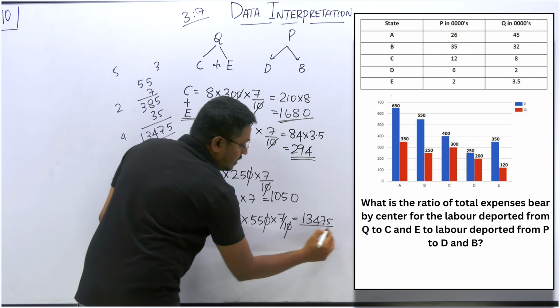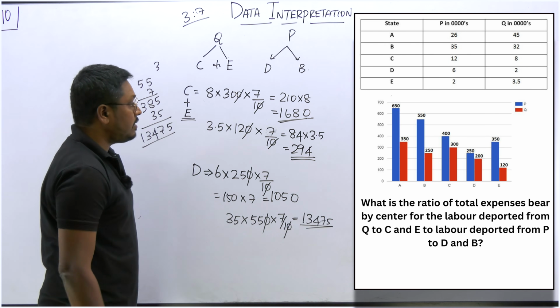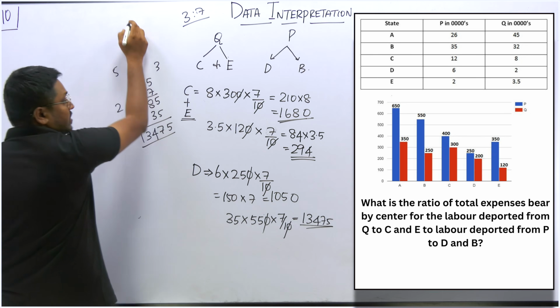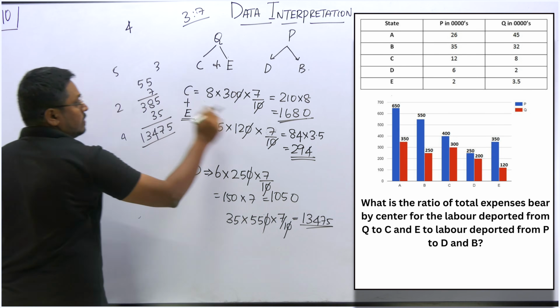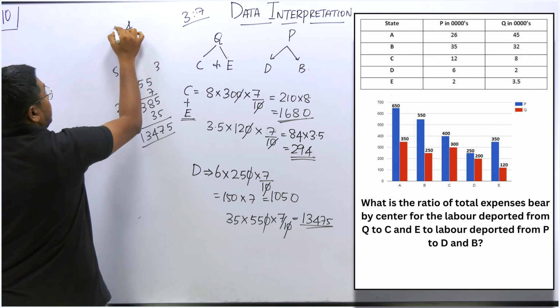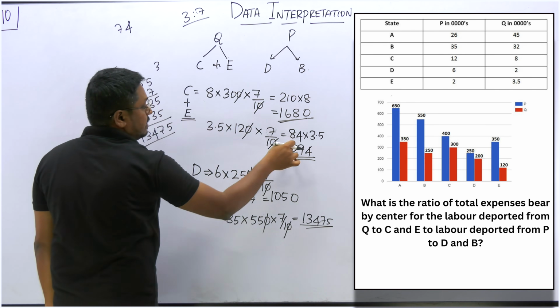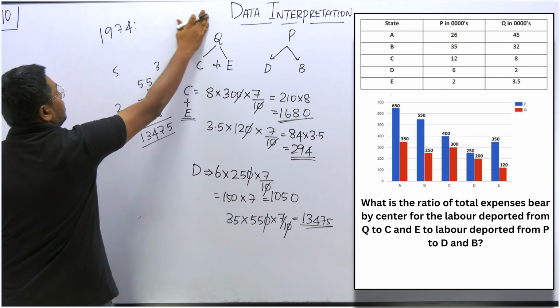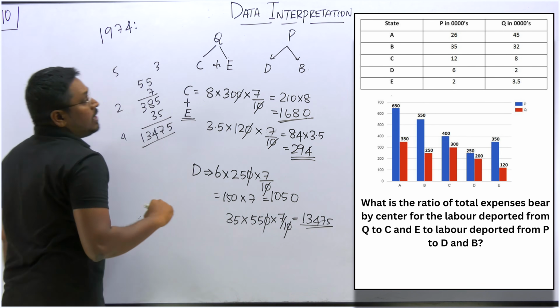Actually I don't have these options, only the final answer here. So let me add and check. We need to find the ratio, right? So 9, 8, 16, 18, okay, 17. So the remaining will be 1, 6, 7, 8 and 9. So 1974 is the numerator. For the denominator we need to find the total, right?